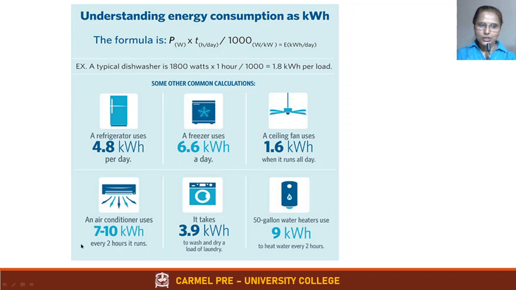An air conditioner uses 7 to 10 units if you use it for only 2 hours. That is so much. So you can imagine, if you want a very cool home, then you are going to consume a lot of energy. It takes 3.9 units for a washing machine, and 9 units for your geyser or water heater. This is generally for your awareness.